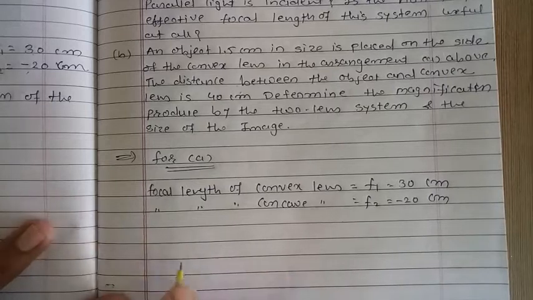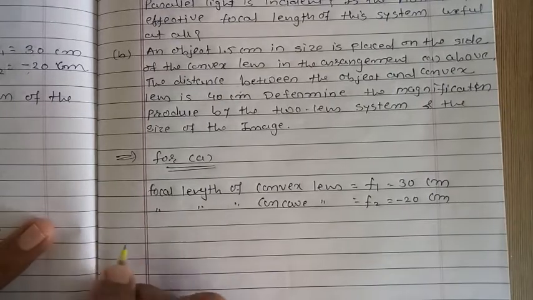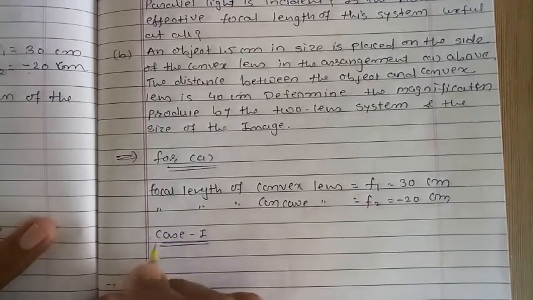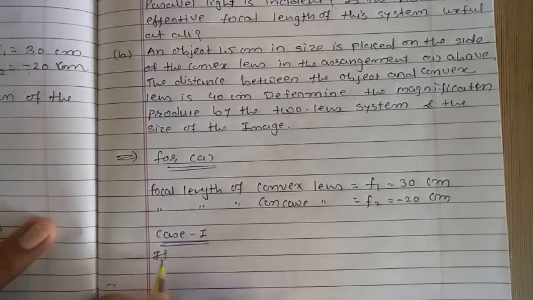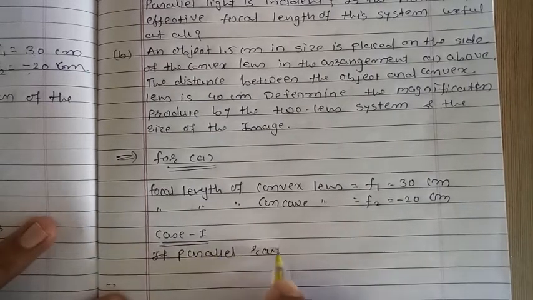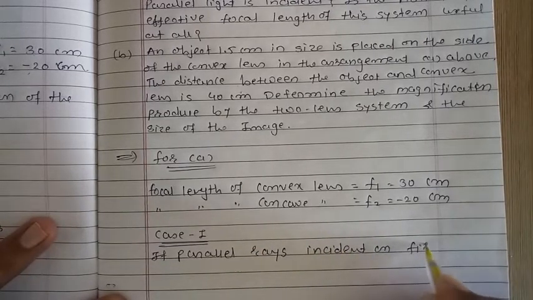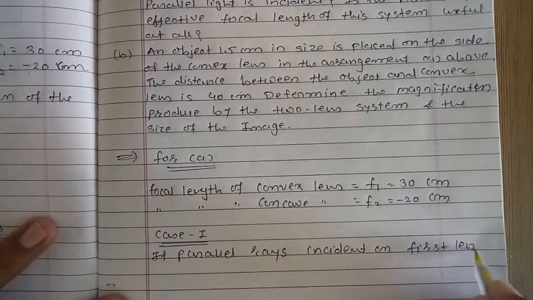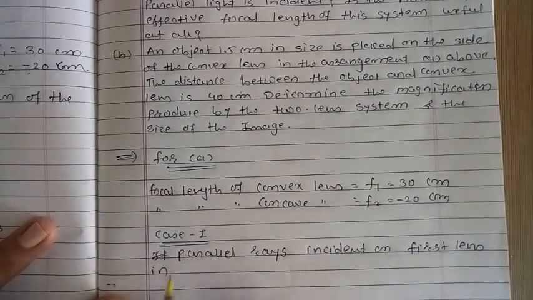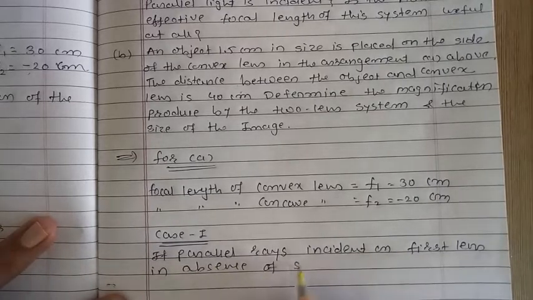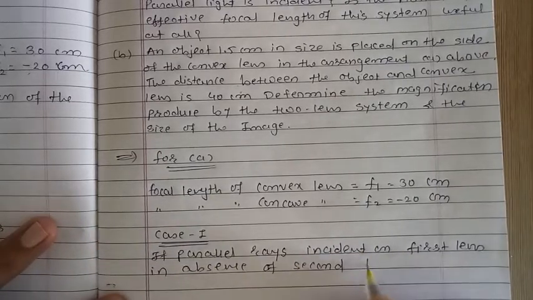So we can say that case 1, if parallel rays are incident on the first lens in the absence of the second lens.